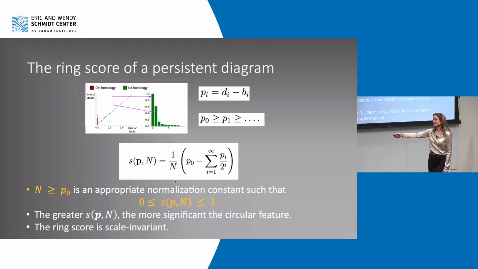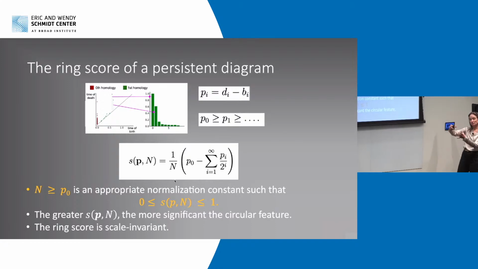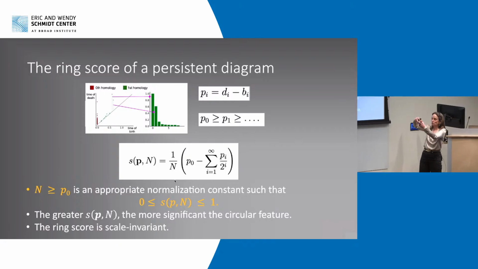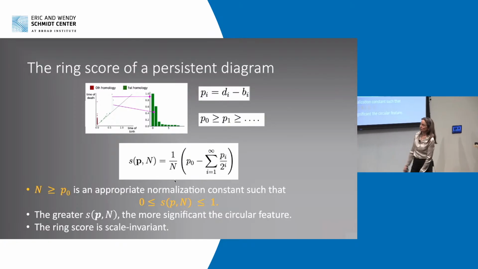And the idea being that the greater this score is, the more significant the circular feature that's detected by P0 is. And one nice thing about defining it this way is that this ring score is scale invariant. So if you have your collection of points and you apply a change of scale so that everything gets expanded like this, the significance of your fixed feature is not going to change.